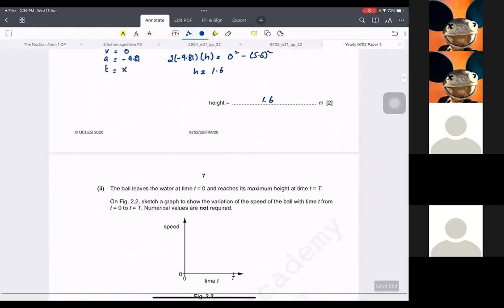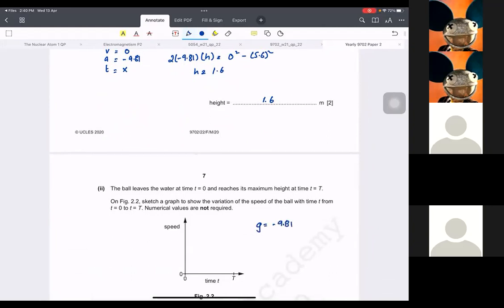Then it says the ball leaves water at time 0 and reaches the maximum height of this. Sketch a graph to show the variation of speed of the ball from t to t. The speed is going to be reduced. Because the acceleration is constant, right?